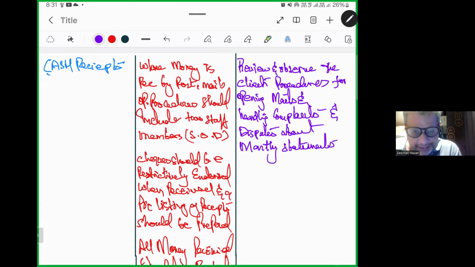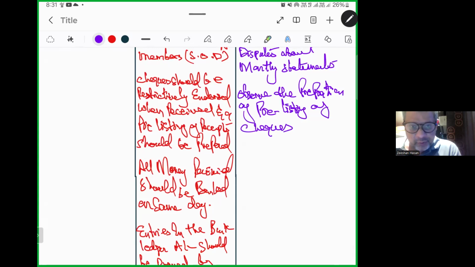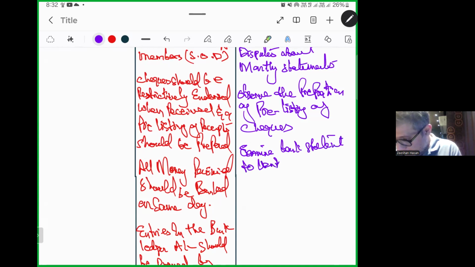Okay, observe the preparation of the pre-listing of checks. Examine bank statements to verify that cash is deposited daily.